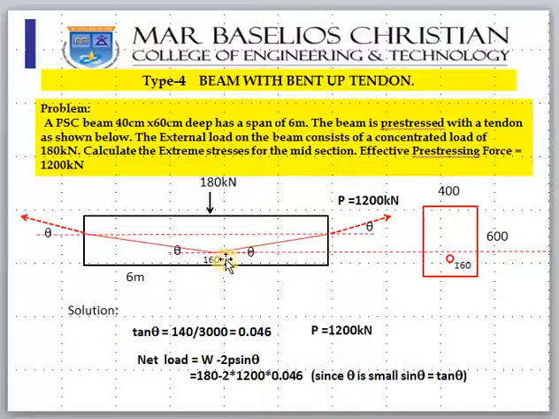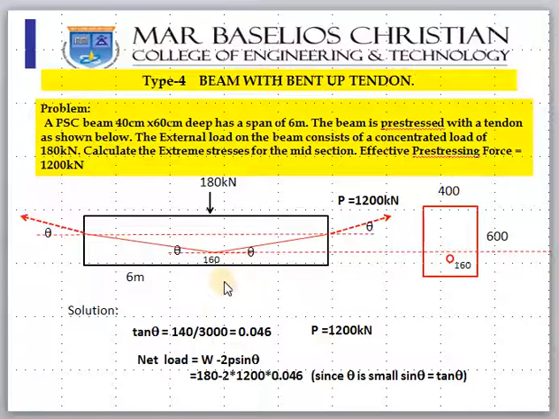The height, half is 300 because total height is 600, so 300 minus 160 is 140. So tan theta is 140 by 3000, which is 0.046.